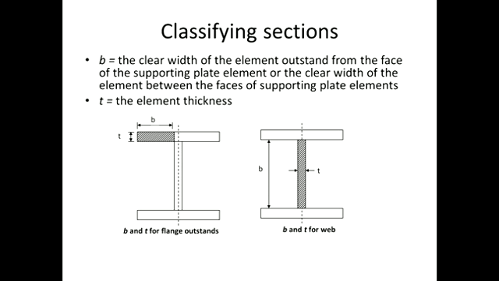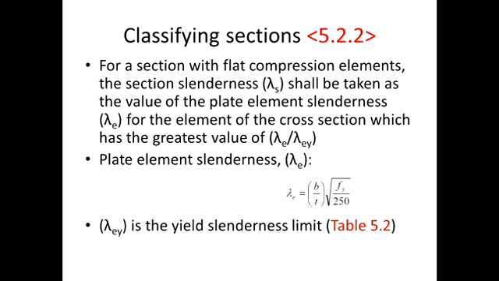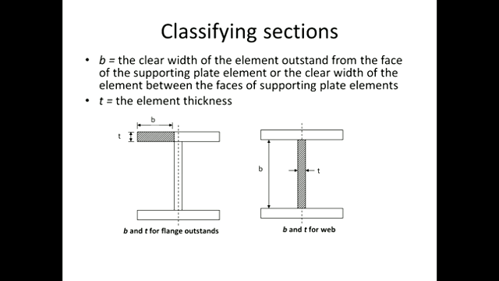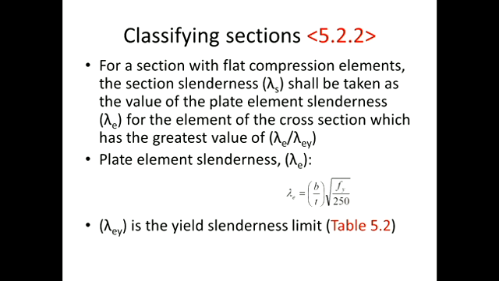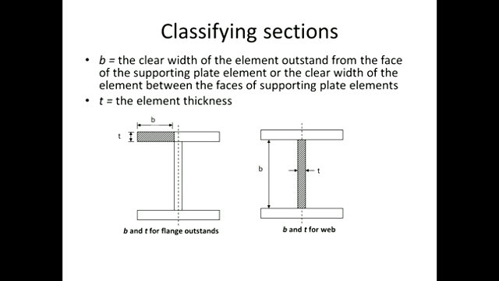And then this is just to recap. So for I sections, for example, our definition of B, here you can see that we have B over T. So the definition of B for the flange is just looking at the element outstand, and for the web, it's looking at the clear height between the supporting elements.